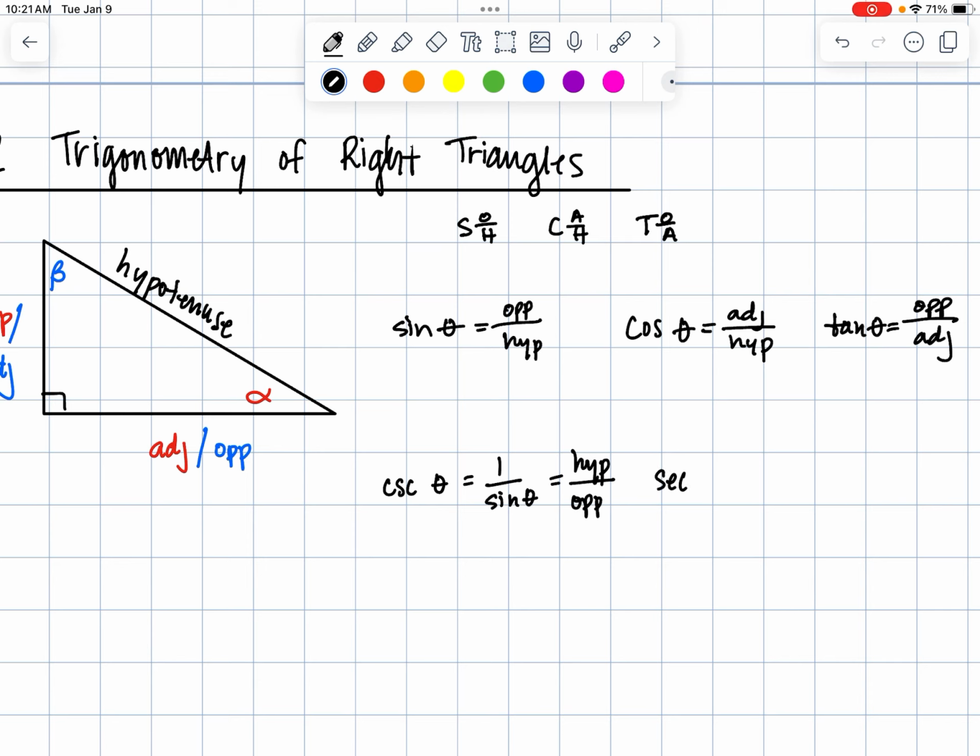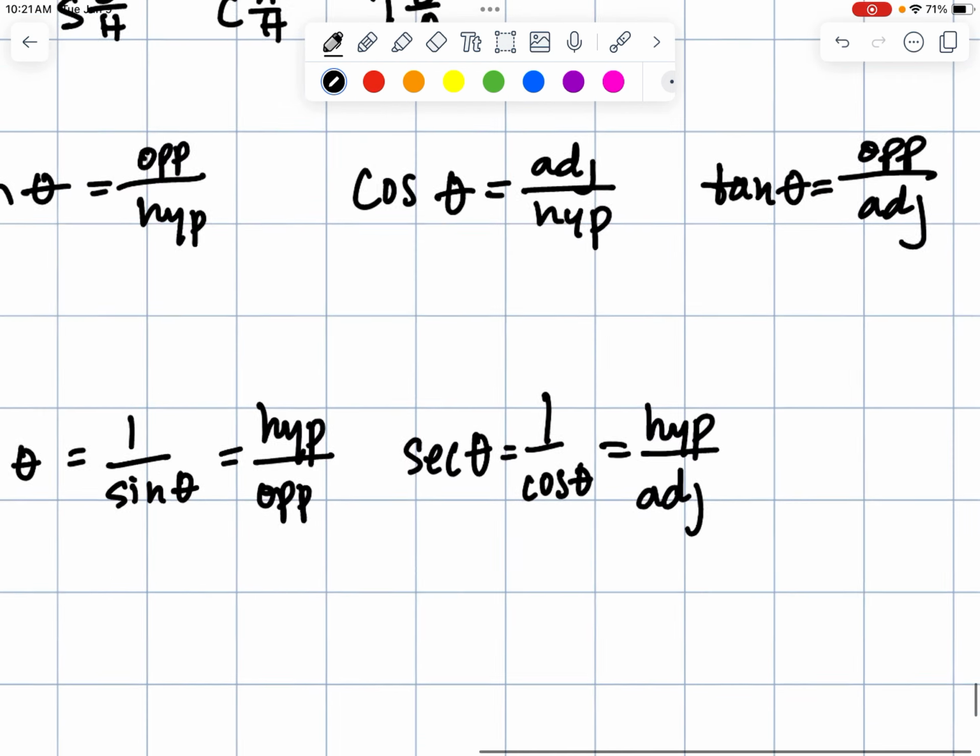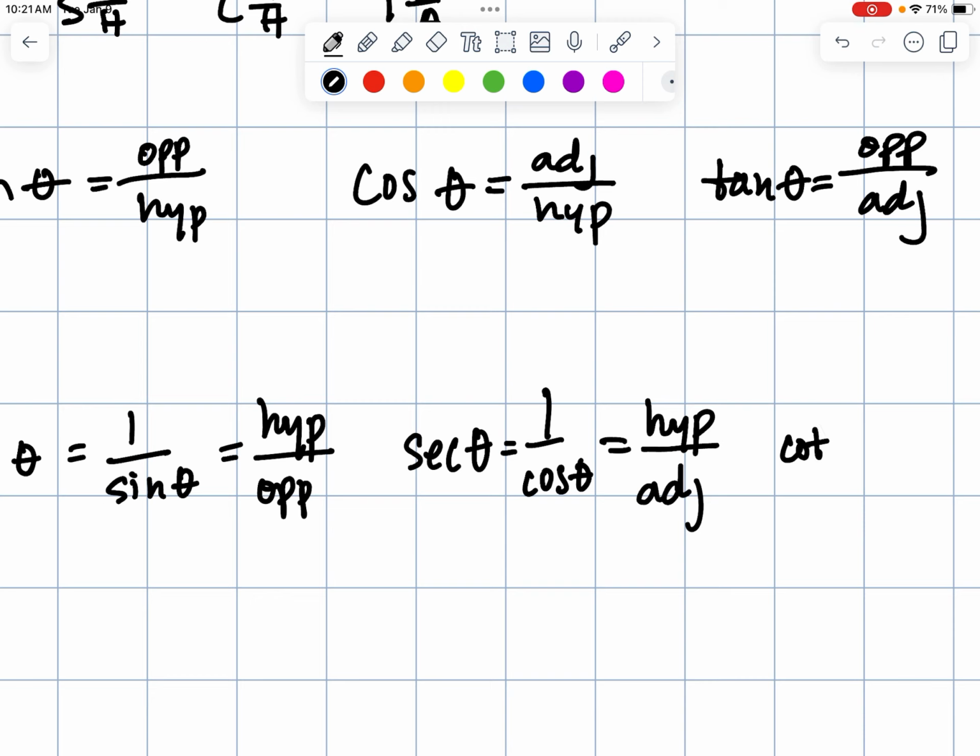Secant is technically the reciprocal to cosine, 1 over cosine. So you could write it like this, or you could also write it as the reciprocal to adjacent over hypotenuse, which is hypotenuse over adjacent. And last but not least, cotangent, and I'm running out of room. Cotangent can be written a number of different ways.